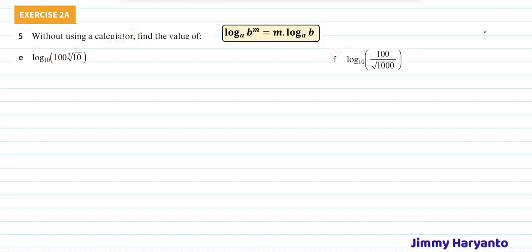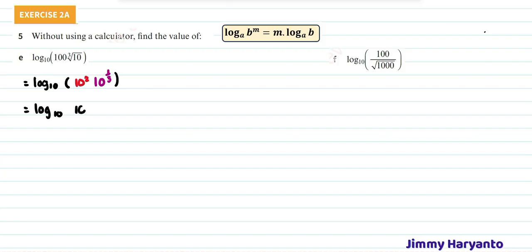For question 5, maybe you want to use this formula later. So for 5e, you have to simplify the 100 and cube root of 10. So 100 is 10 squared, and the cube root of 10 will be 10 to the power of 1 over 3. And then you only have to use the properties of indices of multiplication.